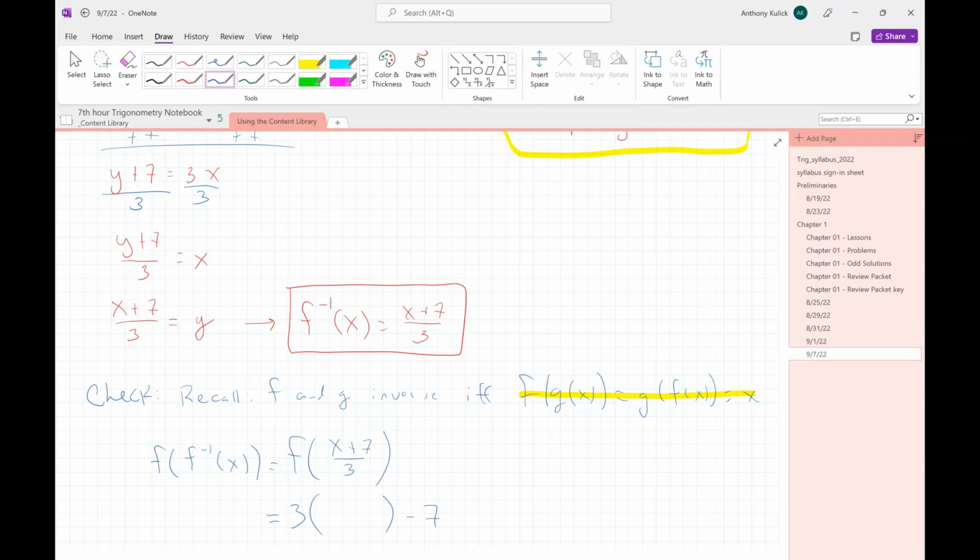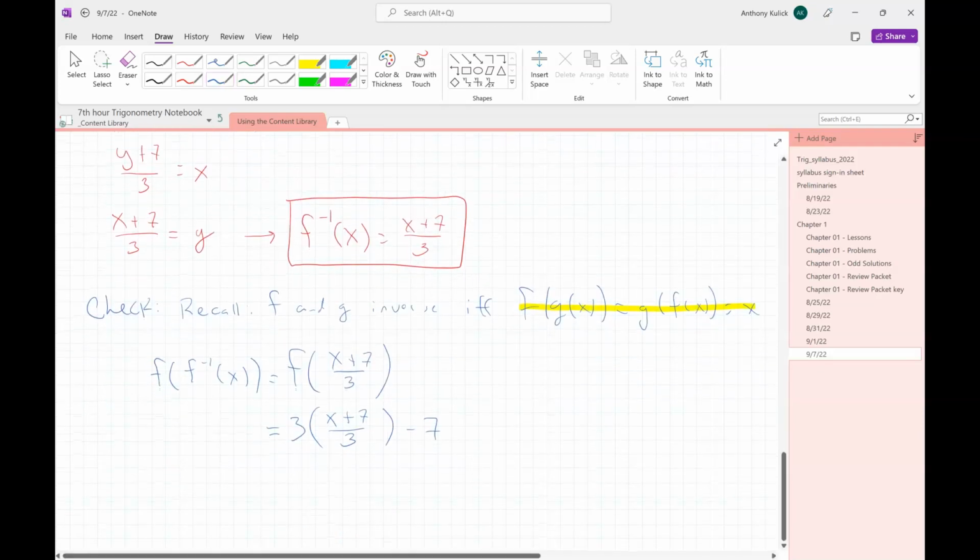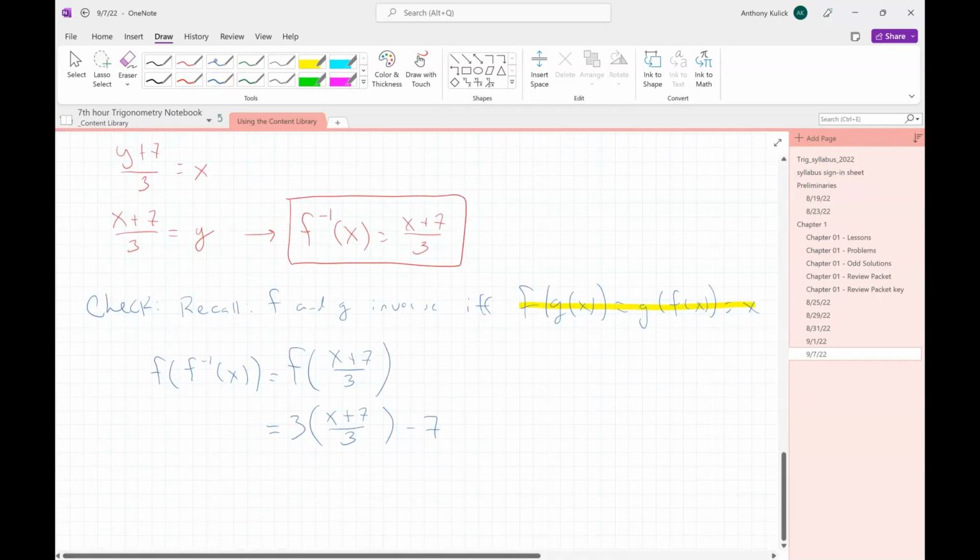So instead of the x, I'm just going to write the big parenthesis. And then inside big parenthesis, I'm going to write in f inverse. So x plus 7 over 3. Now all I need to do is try to simplify this down. The answer I should get is just x.